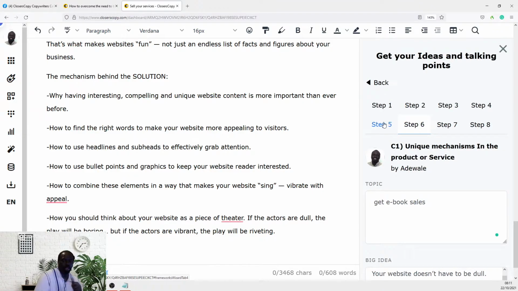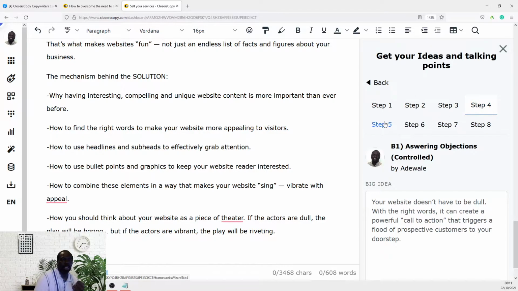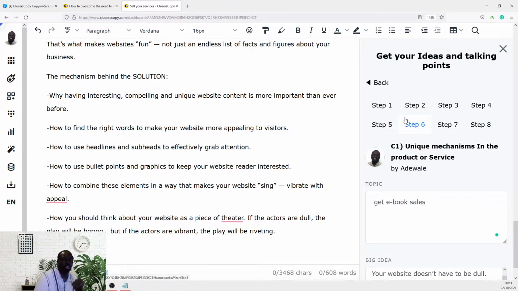So far what we've done is we've gathered information around objections, so we can answer objections with our emails, which can link to our products. We've gathered information about the unique mechanisms in the product or service itself, which can also link back to the product.